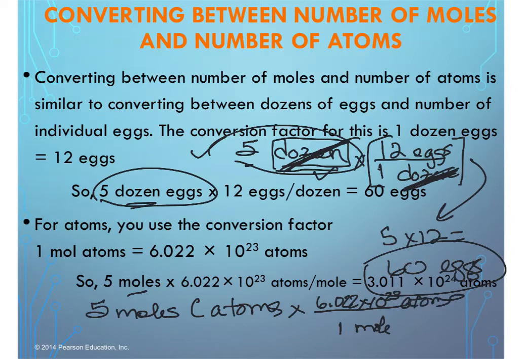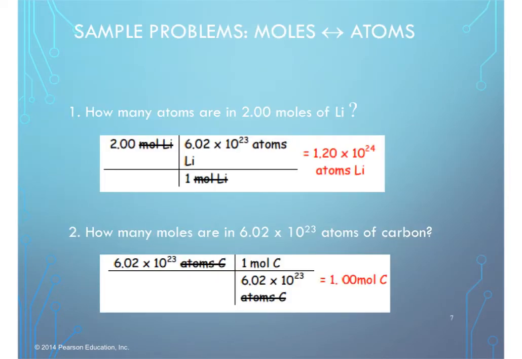Of course, the units of your given information should cancel with whatever units are in the denominator of your conversion factor. And then you just do the math. It'd be 5 times 6.022 times 10 to the 23rd. It's an easy example, but as long as you follow that process each time, it should remain easy.